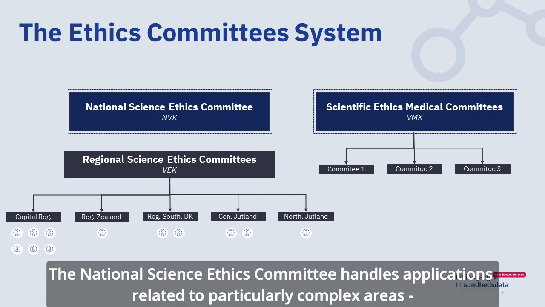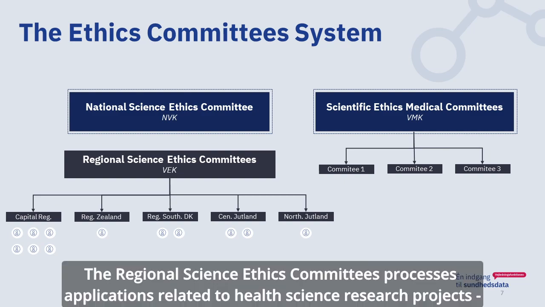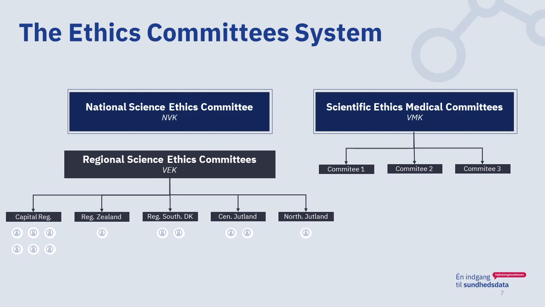The National Science Ethics Committee handles applications related to particularly complex areas, coordinates the work of regional committees, and establishes guidelines and more. The Regional Science Ethics Committees process applications related to health science research projects from a principal investigator operating within the jurisdiction of the regional committee.